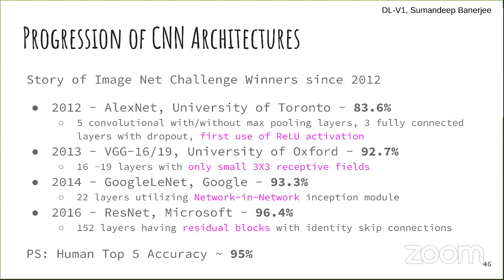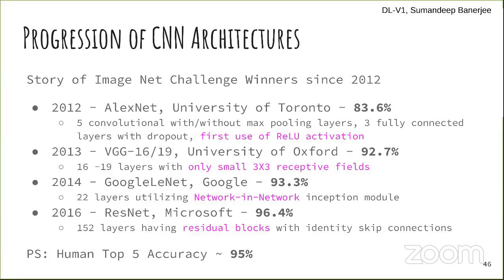Then immediately next year came another jump of around 8-9%, and just in 1 year. So AlexNet came, and within 1 year the University of Oxford group came up with VGG16, which basically was a 16-layer network.